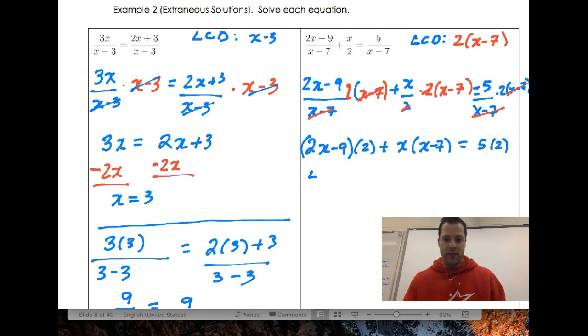Sorry everybody. So we get 4x minus 18, that's the distributive property. Distribute the 2, plus distribute the x through, x squared minus 7x equals 10.